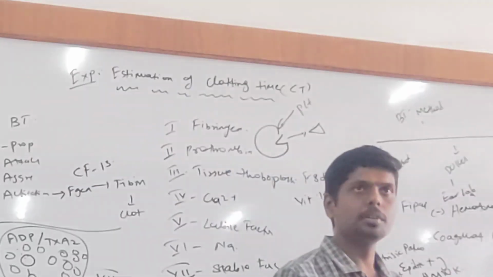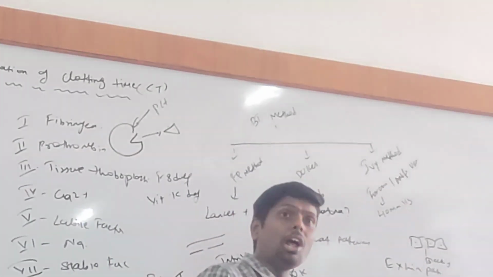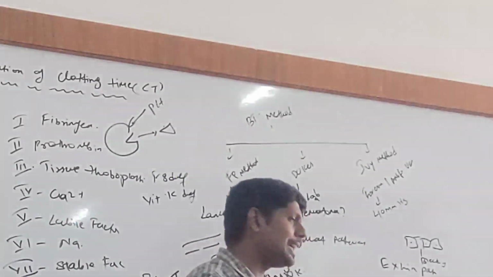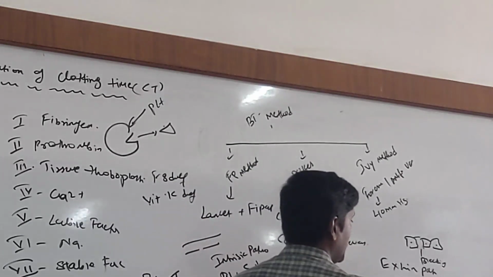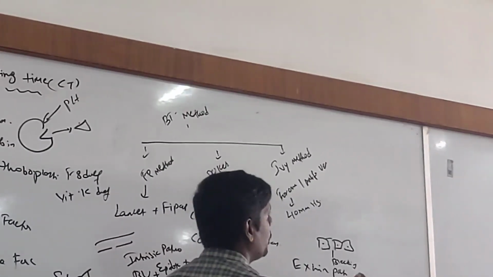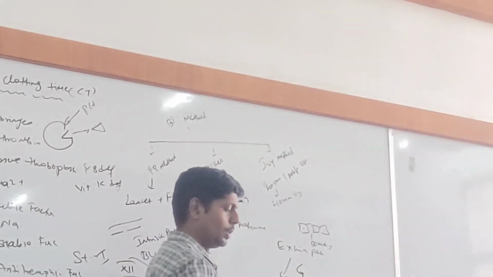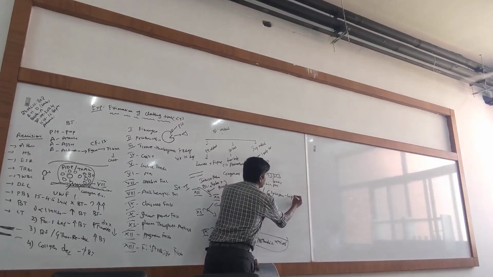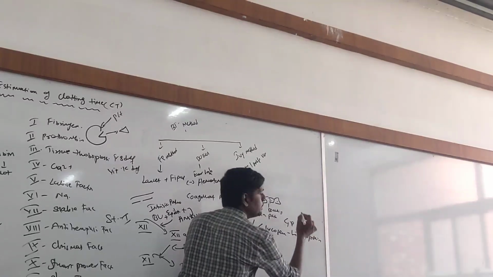Now listen. Whenever a tissue is damaged, it will also release chemicals similar to high molecular weight kininogen. In this case, the triggering chemical will be glycoprotein, lipoprotein, GP simply.